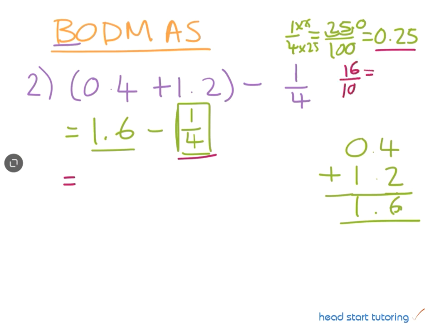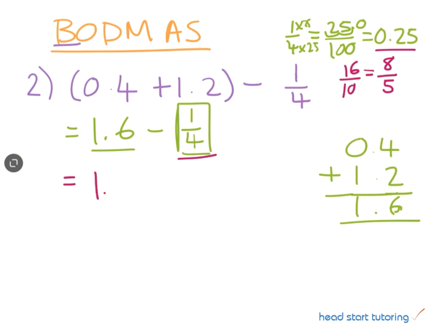And 16/10 we can simplify. We can divide them both by 2 to get 8/5. But that's a slightly longer process, because then you need to work out 8/5 minus 1/4, get your common denominator when we're minusing fractions and all the rest.